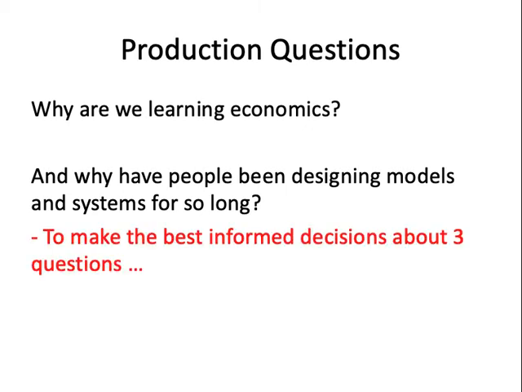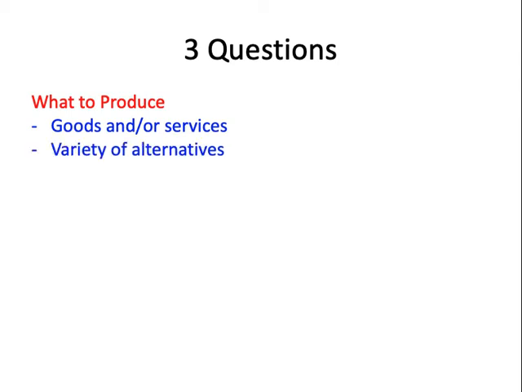And so these questions can be framed in three main things. We're trying to figure out the answers to one, what to produce, goods or services, which ones we're going to produce, how many alternatives should we give of these things. Two, the how to produce, by what means are we going to produce said goods and services.